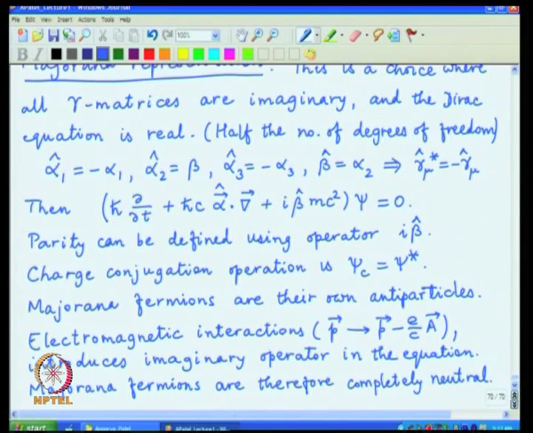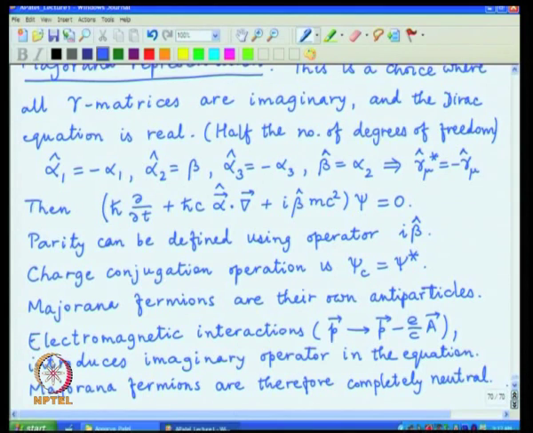None of them exist because all of them will convert this gradient operator to an extra term which is imaginary, and if you want to stick with the real basis, one has to stick to an object which is completely neutral. It does not carry charge under any type of interaction whatsoever.